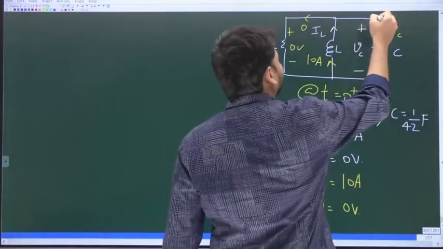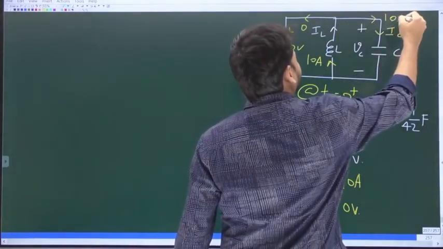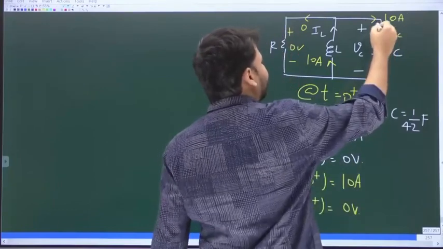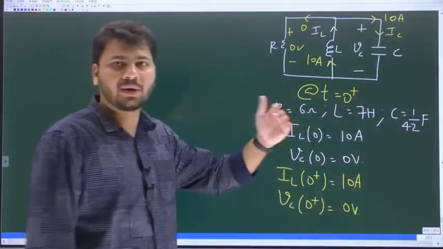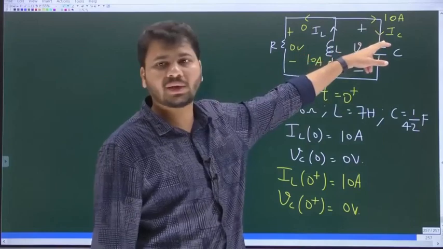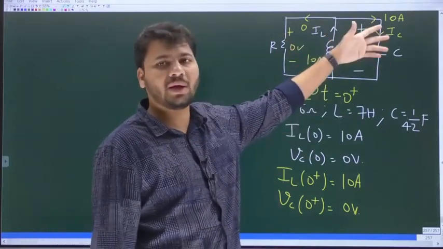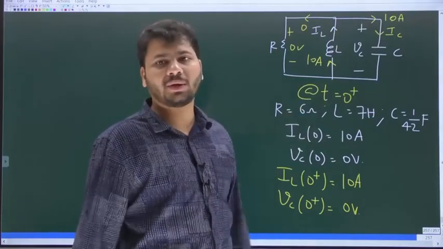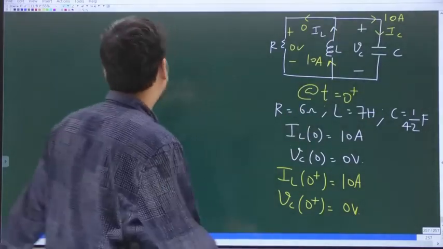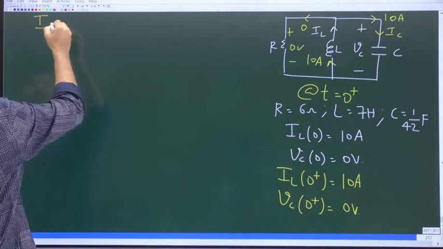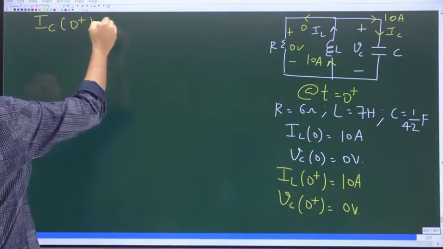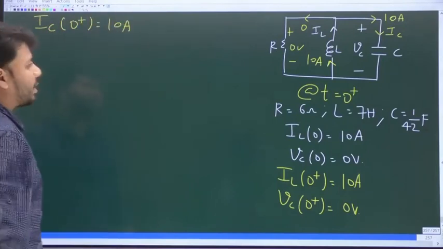So this current is 10 amps, and it is the value of IC, because both are flowing in the same direction. So IC at t equal to 0 plus is 10 amps.